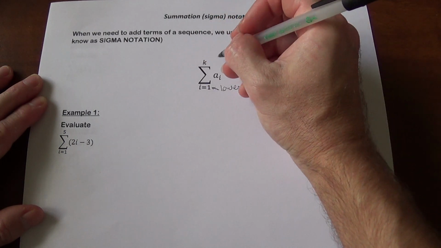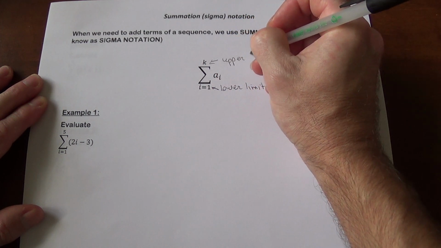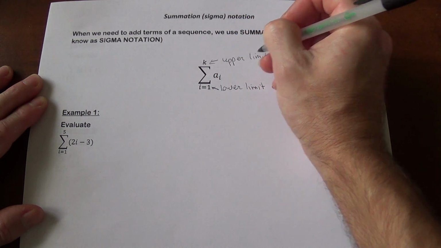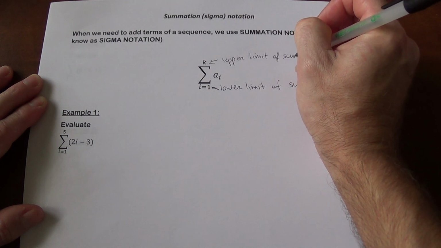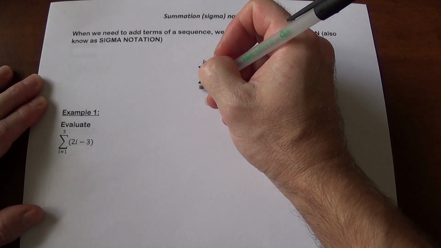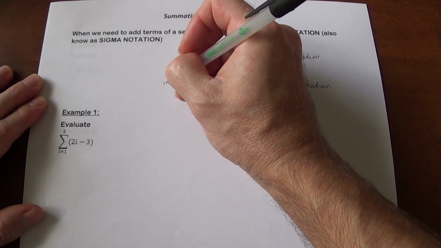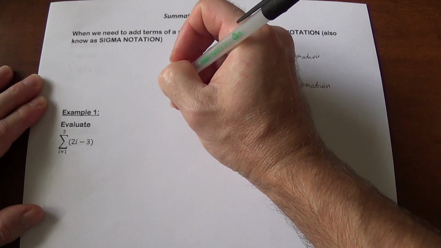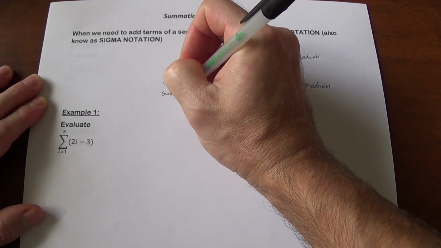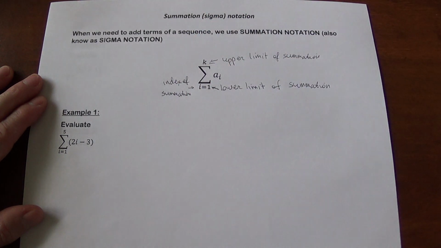As you can see in the example below, this is called the upper limit of summation. And there's always going to be a letter here that is called the index of summation. And this is basically how it's going to work. Let's take a look at the first example.